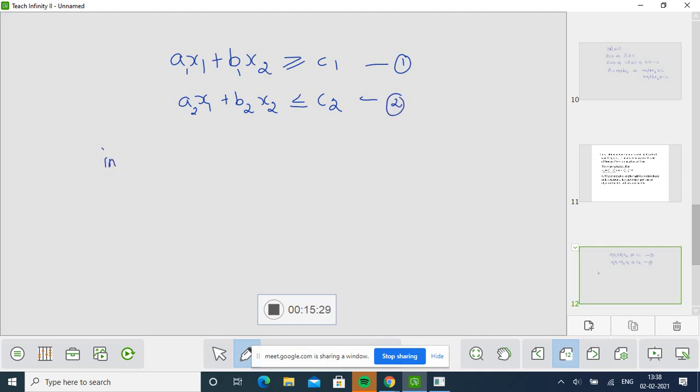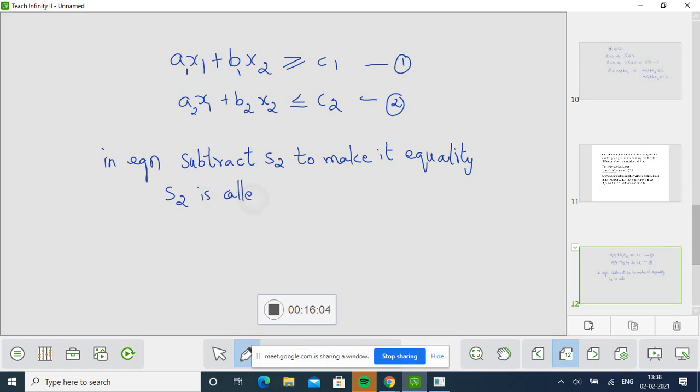In equation 1, I have greater than or equal to, so I subtract S2 to make it an equality. So S2 is called the surplus variable.